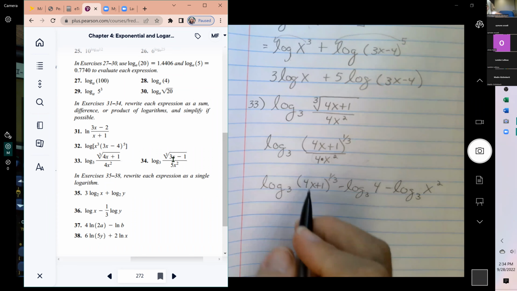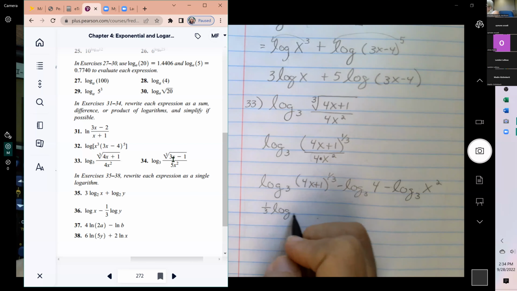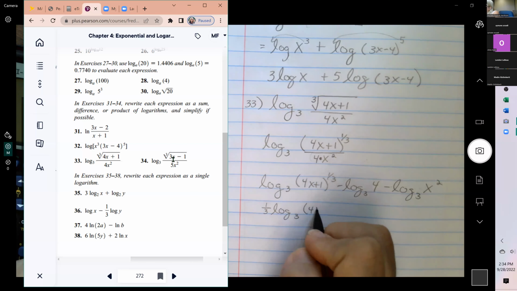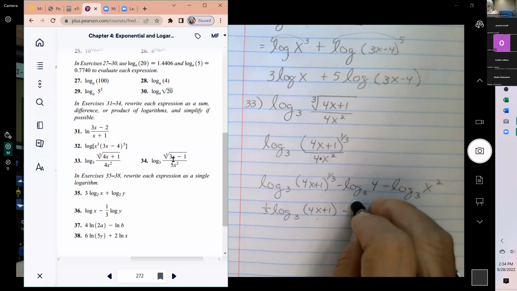And then bring all your exponents in front.